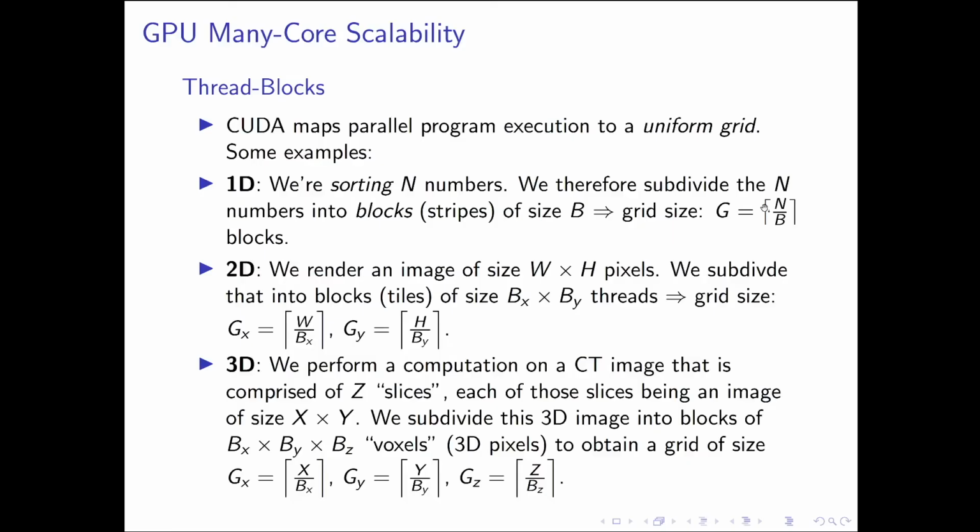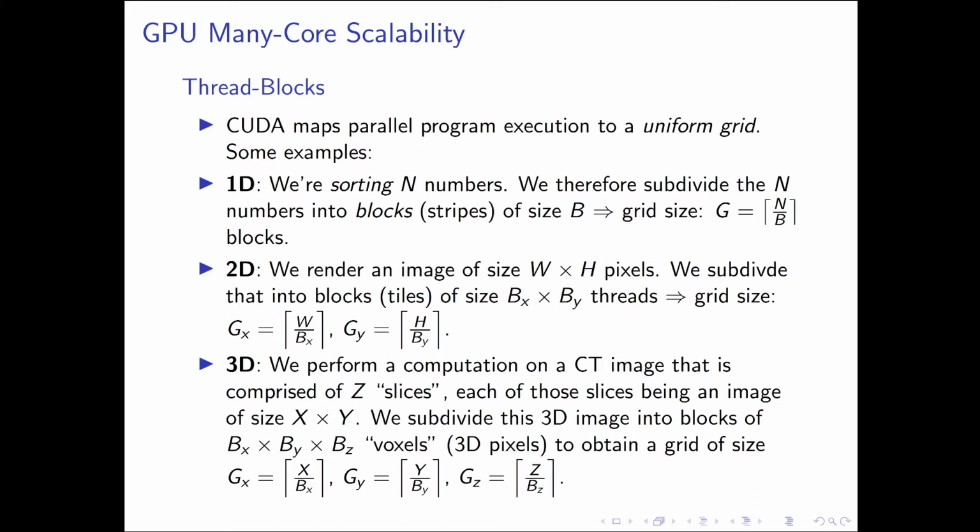So here are a bunch of examples of how we would take a given data domain and allocate threads, that is, enough threads so that they're able to process that given data domain. In 1D, we might imagine, for example, that we sort n numbers, and we would take those n numbers and subdivide the array into blocks, and in 1D those would just be stripes.